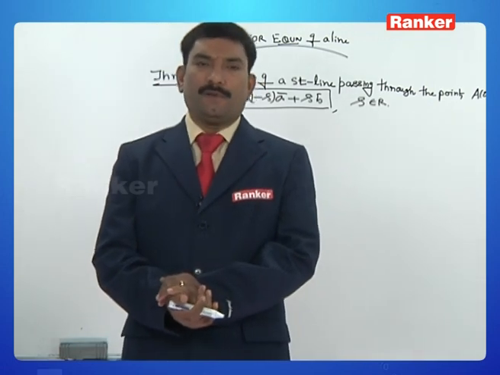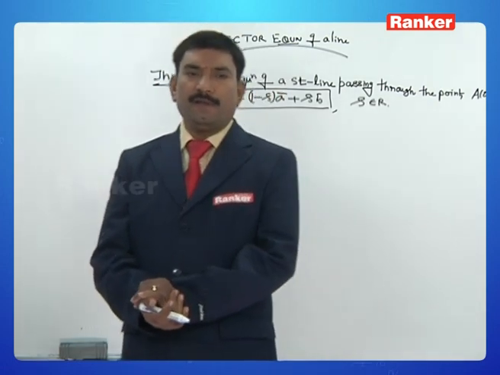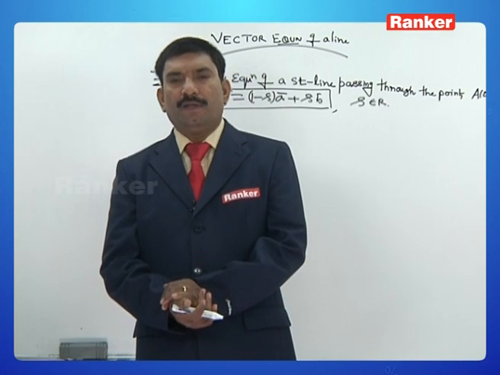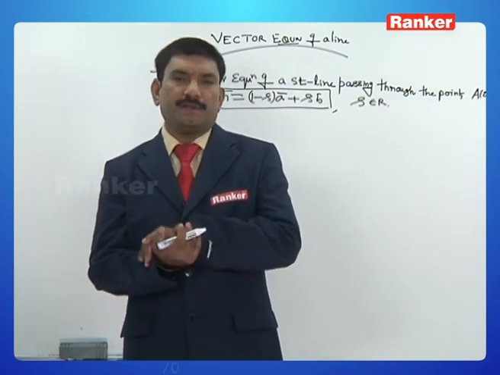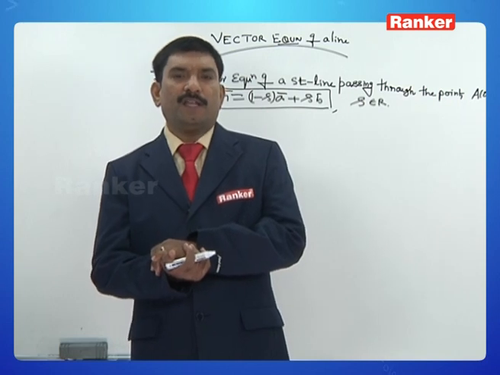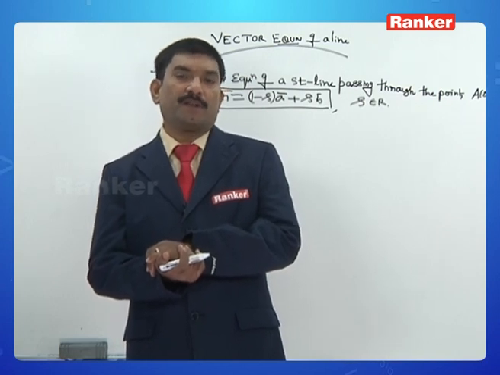R bar is equal to 1 minus S into A bar plus SB bar represents a vector equation of a straight line passing through the 2 points A comma B whose position vectors are A bar comma B bar.